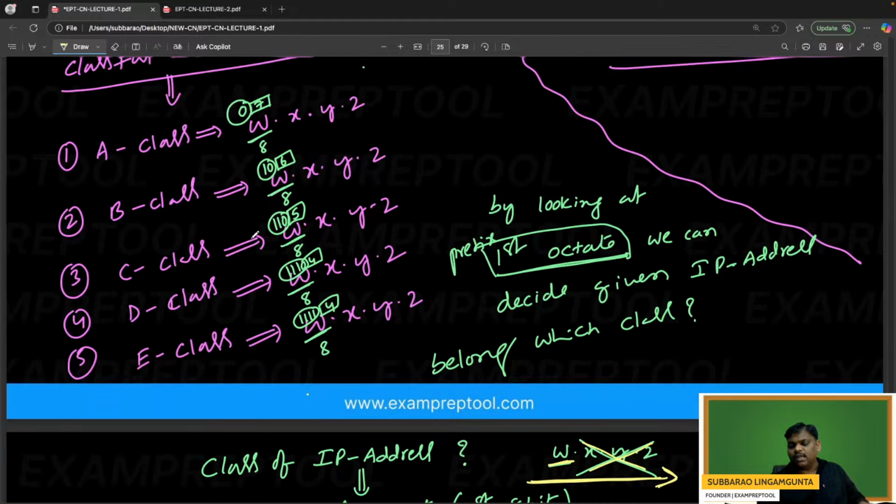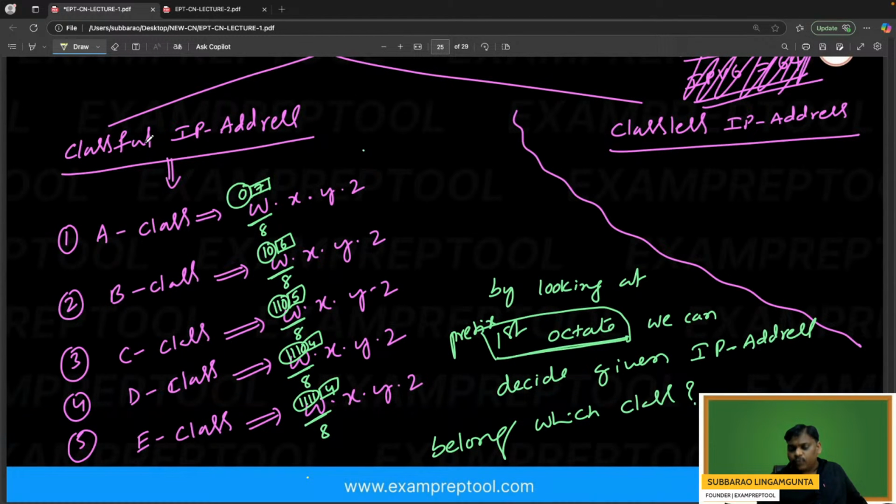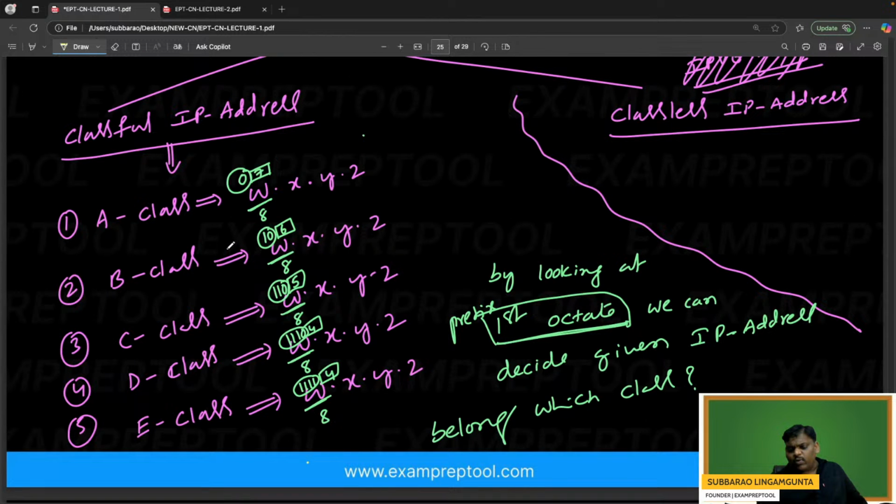The name itself says classful means classes are there. How many? 5 classes. Even though 5 classes are there, every IP address is in 4 octet format, in dotted decimal notation, W dot X dot Y dot Z. So everyone is 4 octets, that's fine.